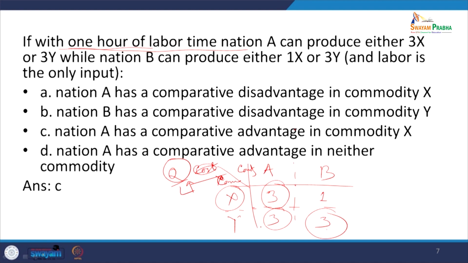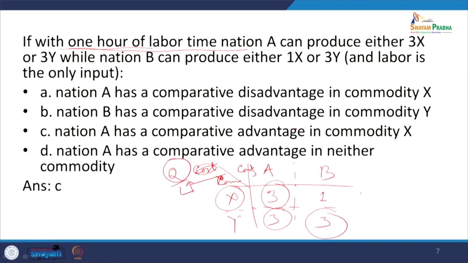Through absolute cost advantage we cannot define any answer, whereas through comparative cost advantage, simply take the terms of trade: 3 by 1 is the unit cost of production of X in country A, and for Y it is 3 by 3. The unit cost of production of X is greater than that of Y in country A. So country A is 3 times higher in producing X. Country A is much more specialized in this, since we are discussing productivity here, whereas for country B the ratio is 1 only.